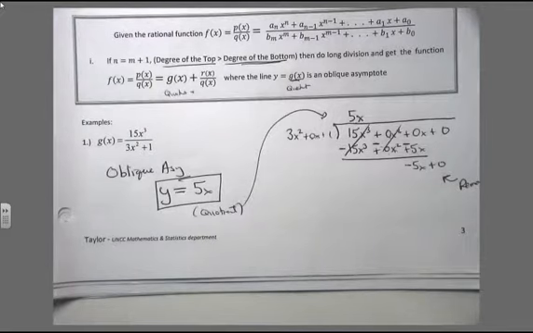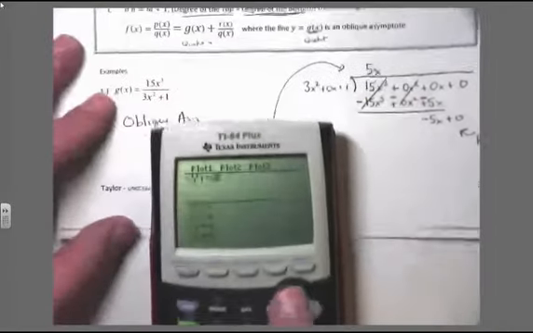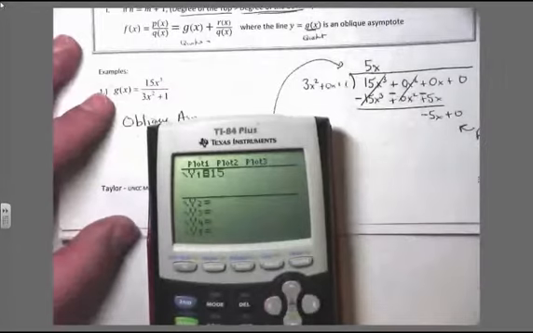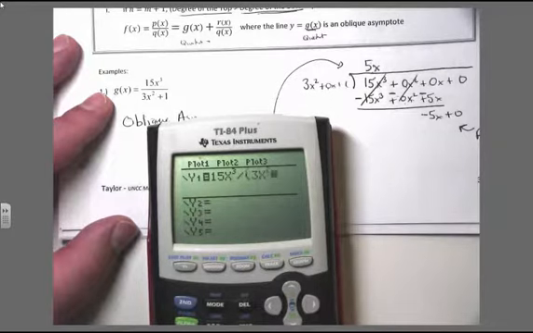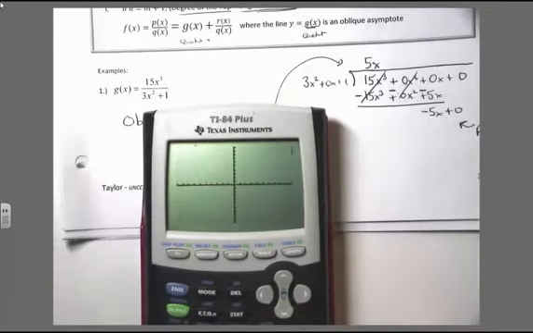And you ask yourself, what's the point of all this stuff? Well, it tells you what's going on at infinity and negative infinity. Let me show you. Look at the graph of 15x cubed divided by parentheses 3x squared plus 1. I'm going to do a zoom 6 and just do a negative 10 by 10 screen here. There's my graph. Okay?